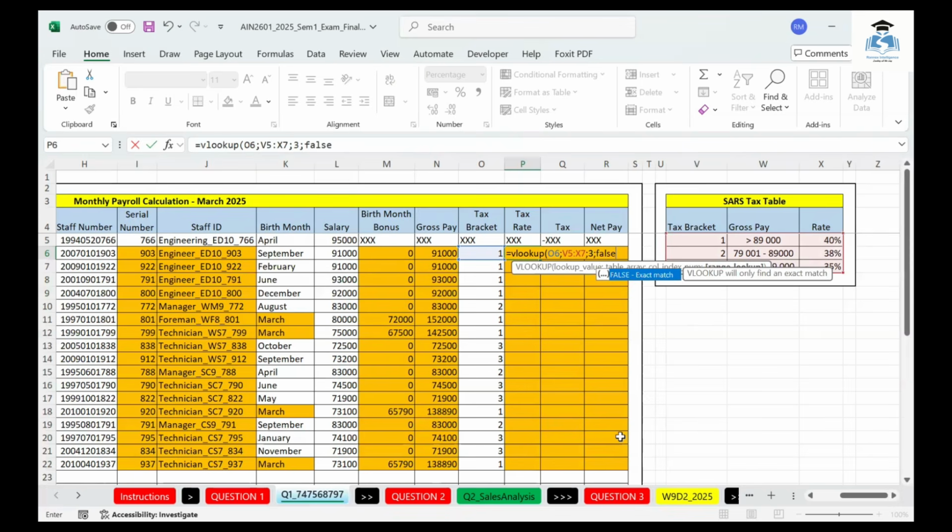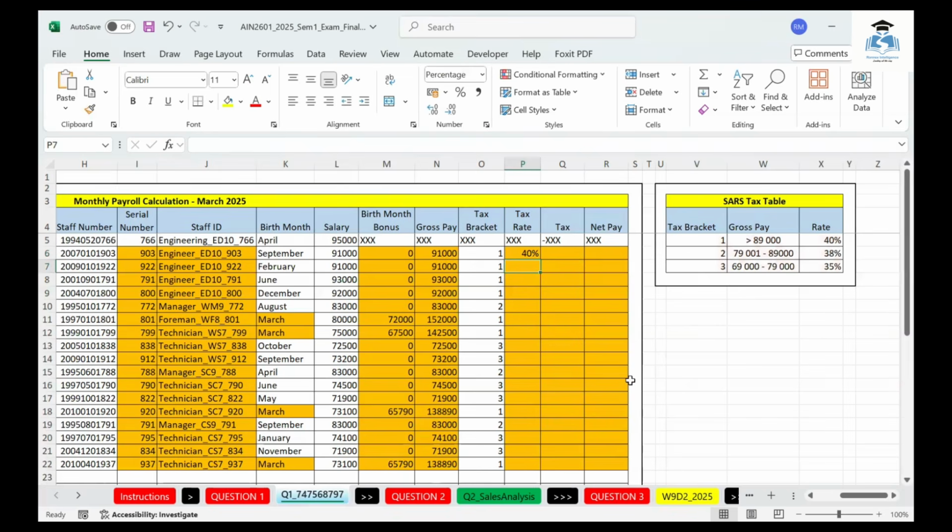Since it's the tax bracket, it's the exact. If we were using the gross pay, we were going to say approximate. Okay.